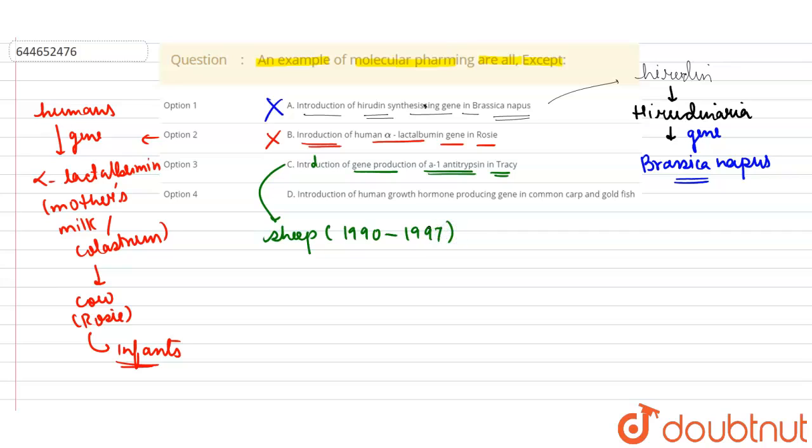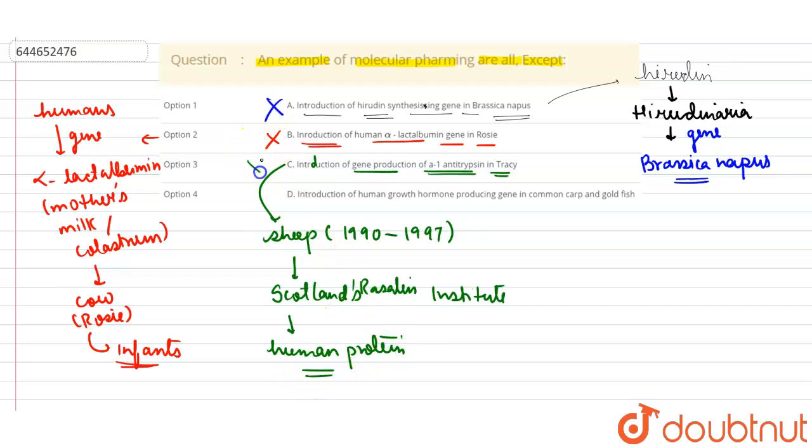It was created by a group of scientists at Scotland's Roslin Institute. It's a very important sheep because a gene for alpha-1 antitrypsin, a human protein, was introduced, and it can be produced in this sheep. So this is also an example of molecular farming, therefore it can't be the correct option.